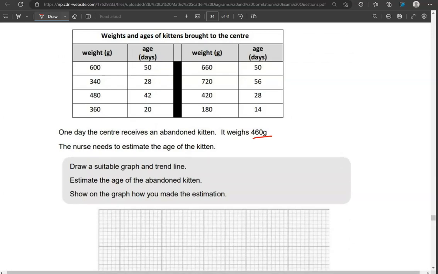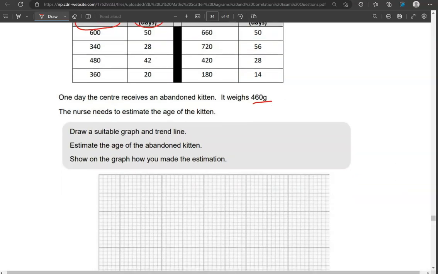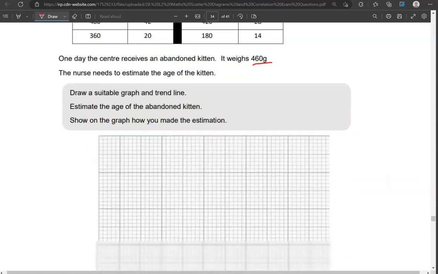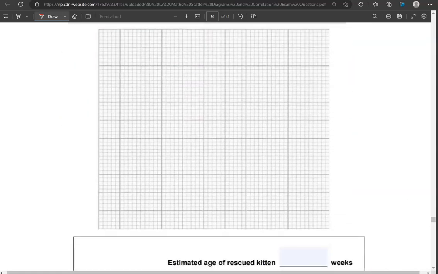So on one axis we'll show weight in grams, and on the other age in days. Doesn't matter which one we show where when it comes to scatter diagrams. I'm going to show age in days horizontally, and weight in grams vertically.